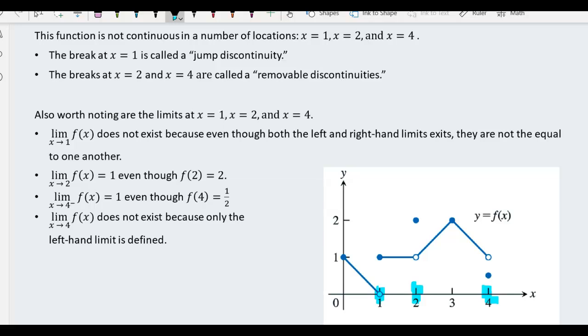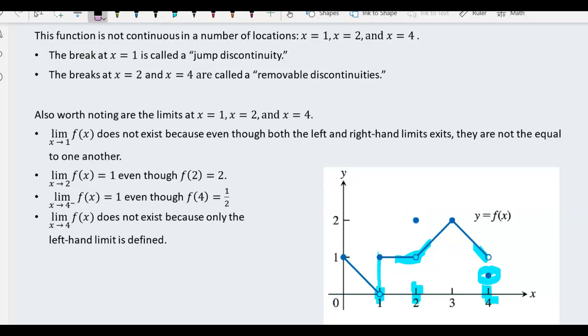For x equals 1, we call this a jump discontinuity because we can see that there is a jump in where the y values are for the function. At x equals 2 and 4, those are removable discontinuities because the function is defined in a different location than where the graph is approaching, if we were to think about it in terms of limits.